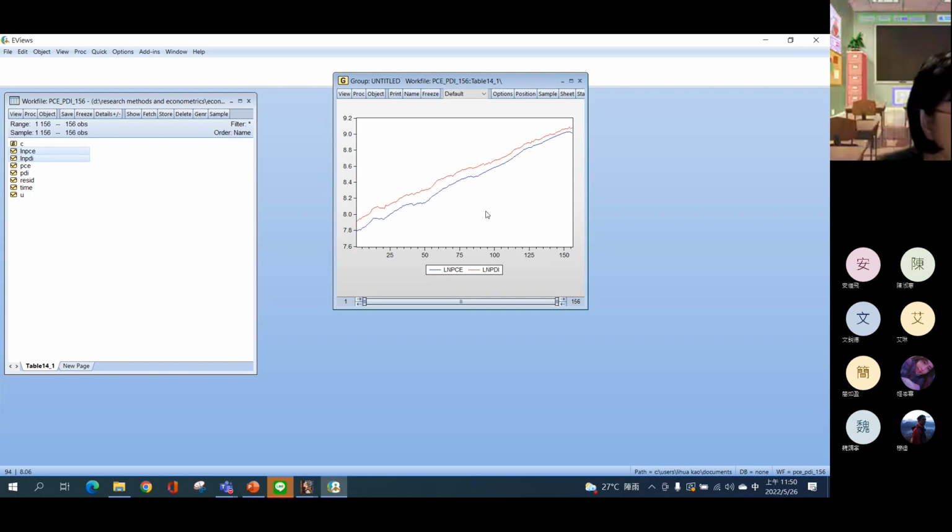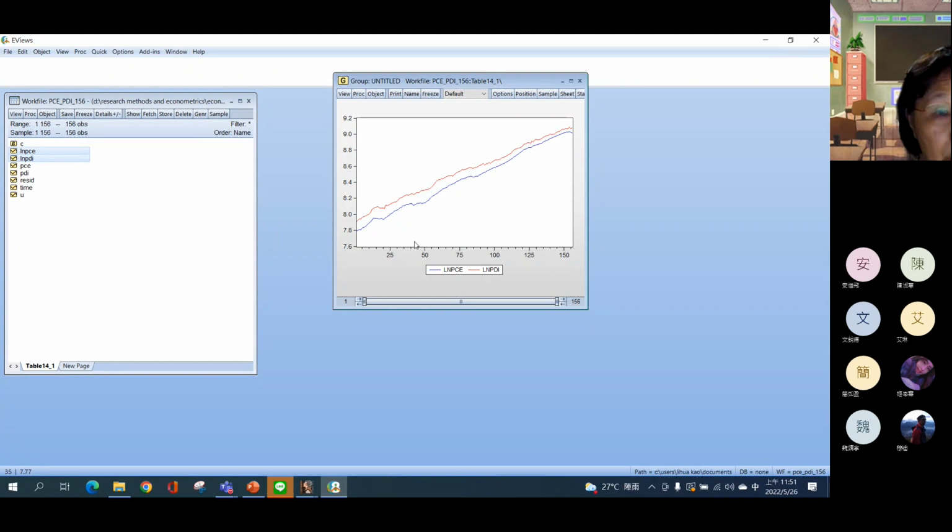If we look at this one, it suggests that these series are not stationary. And look at the gap between these two; it is pretty similar.